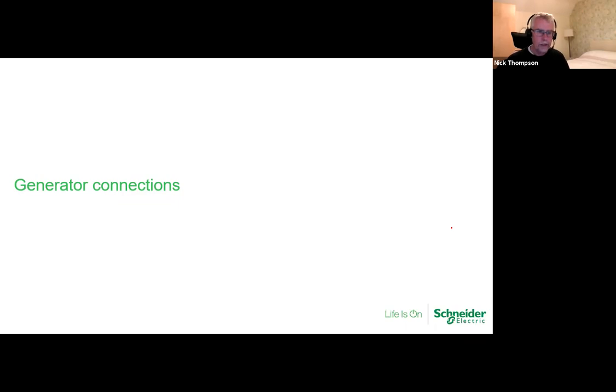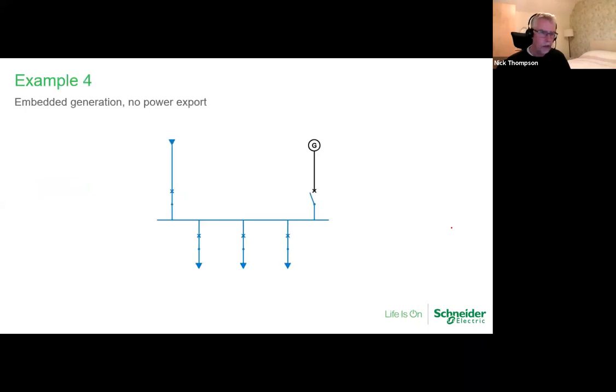Now, there have been various different guides over the years, and for those of you who know about such things, the ENA, or Energy Networks Association, have got an engineering guide, and I'll touch on that on the next slide.